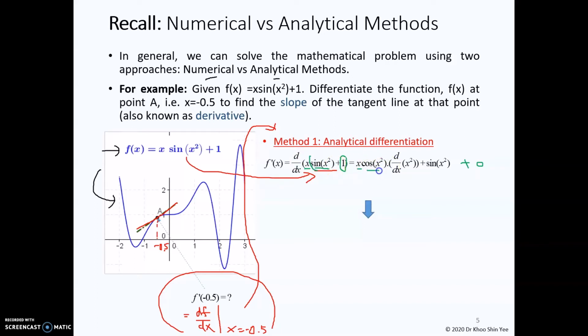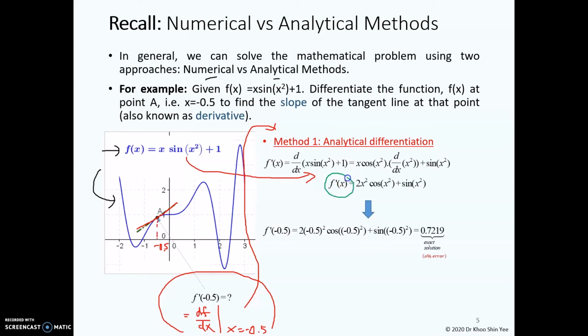You should obtain cos(x squared), and since the function inside is x squared, you need to continue to differentiate it with respect to x. So in this case, you obtain 2x. And then you continue to add the sin(x squared) function and differentiate x. So you should obtain this.